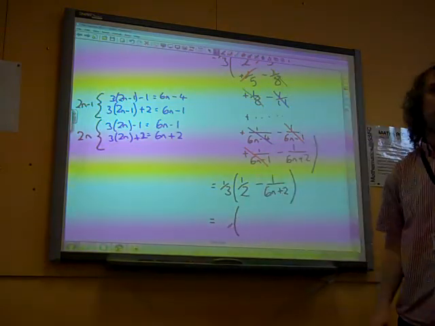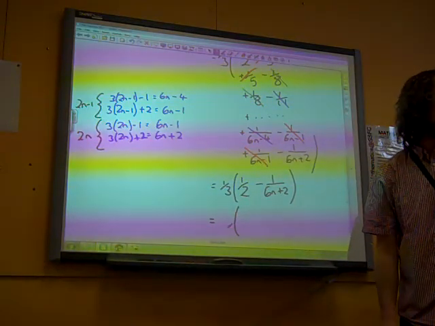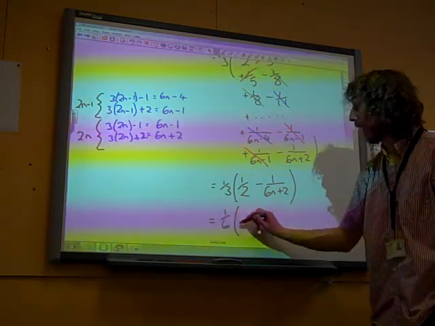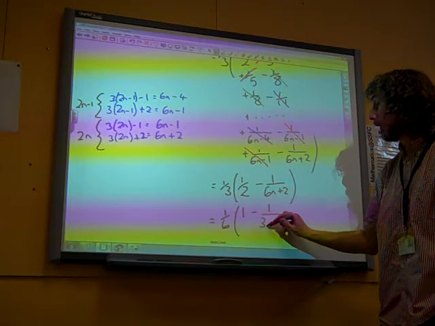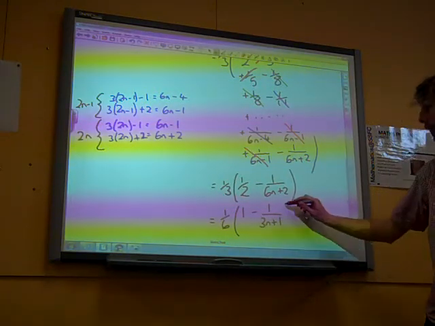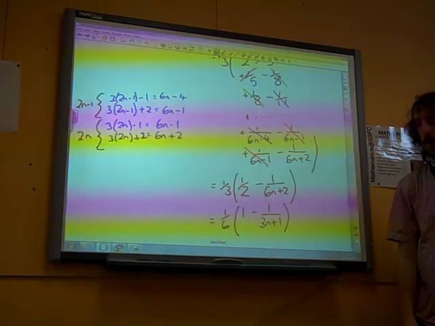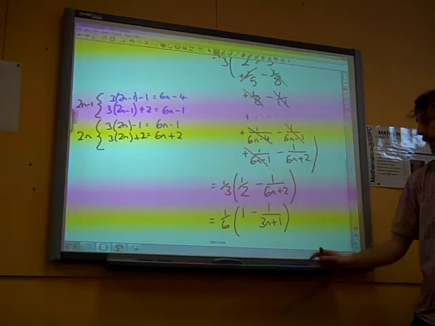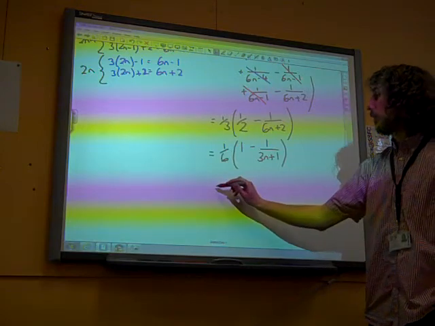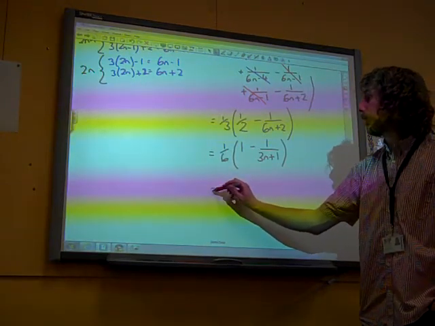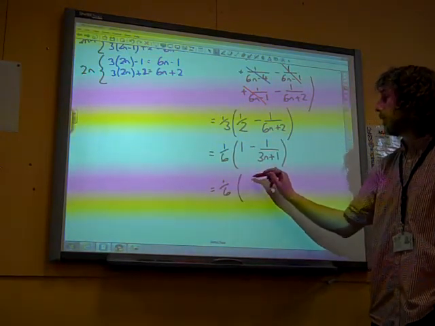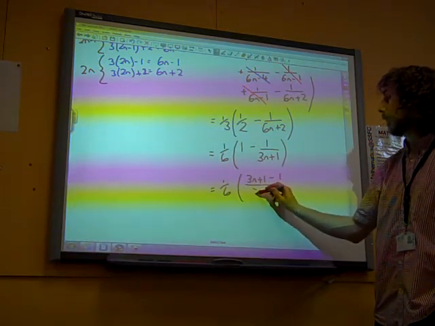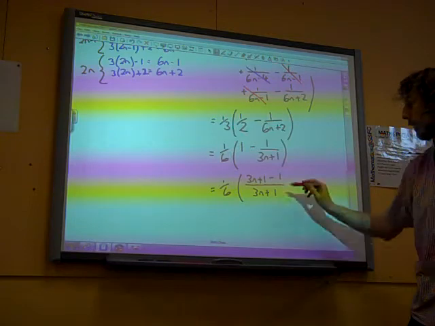So we've got a common denominator of 2 on the bottom. If we take out a half, we've got a 1/6 there of 1 minus 1 over 3n plus 1. That's probably a neat way of doing it. Which means we've got a 1/6 of 3n plus 1 minus 1 over 3n plus 1.